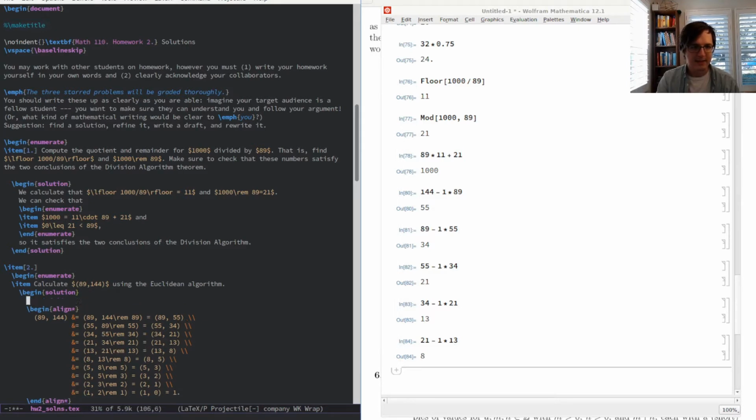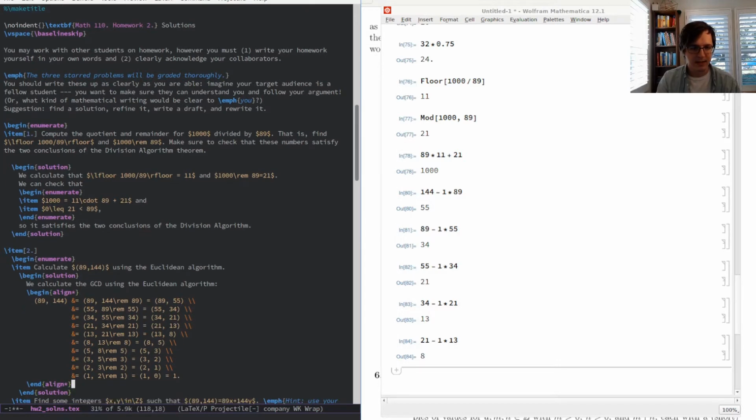Let's add some text to set things up. So we calculate the GCD using the Euclidean algorithm. Therefore, the GCD is 1.